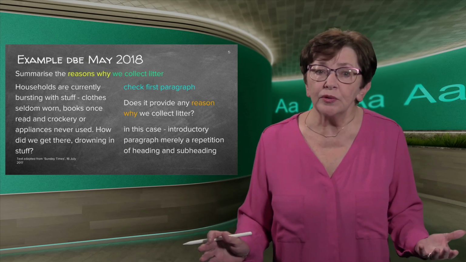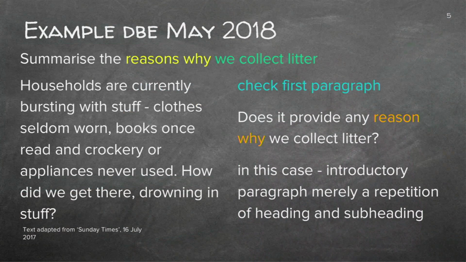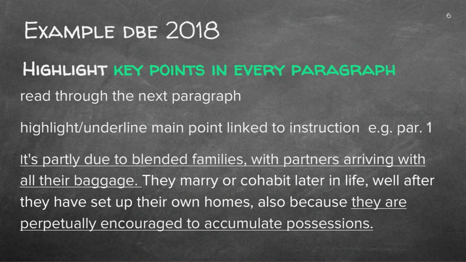Okay, households are currently bursting with stuff. Clothes seldom worn, books once read, and crockery or appliances never used. How did we get there? Drowning in stuff. There's still just a question, no answer, no reason. So the introductory paragraph is merely a repetition. So be careful. You probably won't find a point there. So when you go on to the next paragraph, you'll probably find the first of your number of points.